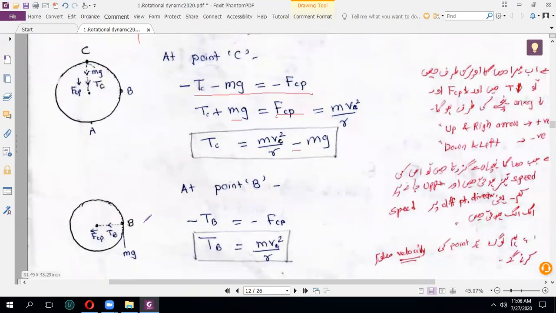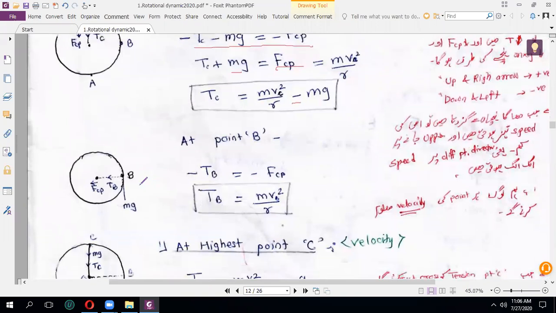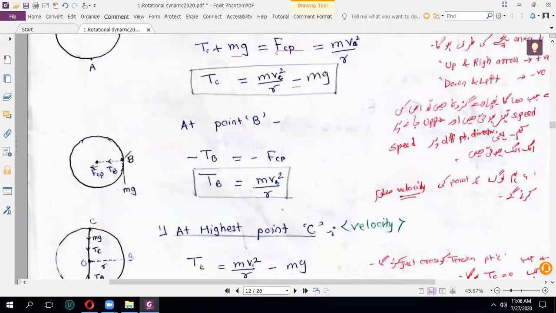Now we are finding the tension formula at position B, point B. At point B, the mass is affected by gravity, always in the downward direction, but the tension and centripetal force are always toward the center of the circle, correct? So how to make the equation? सबसे ज़्यादा quantity कहाँ पे? So maximum quantity is on the x-axis.